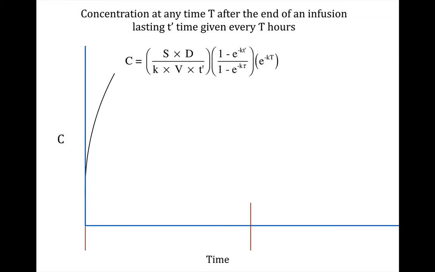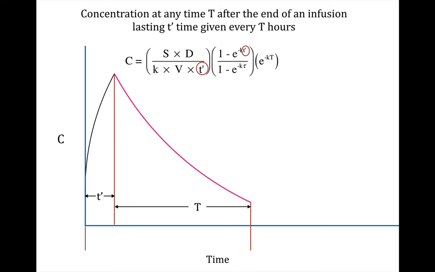We can see this portion of the curve is the buildup while the infusion is being given. In this scenario, that equals T prime time, or the duration of the infusion, which goes in two parts of the equation. Next, once the infusion is ended, the concentration begins to decline.